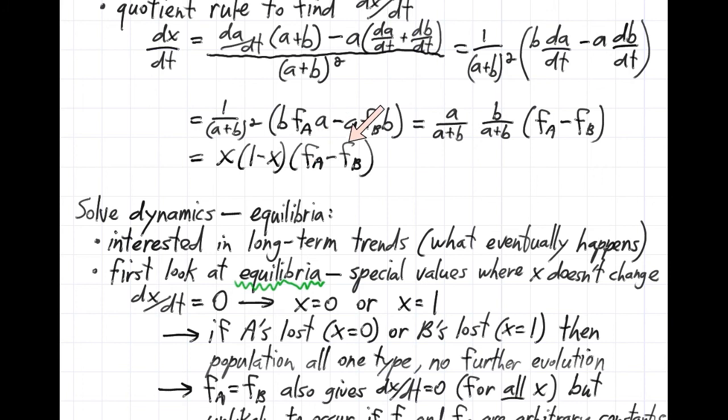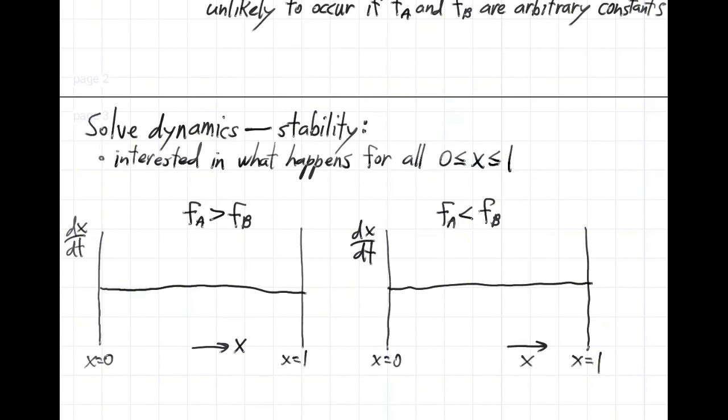Then plot this, and you will see that dx/dt increases, then levels out, and then decreases. It doesn't have to level out in the middle. It can be anywhere between them, but it does have to pass through 0 at x equals 0 and 0 again at x equals 1.